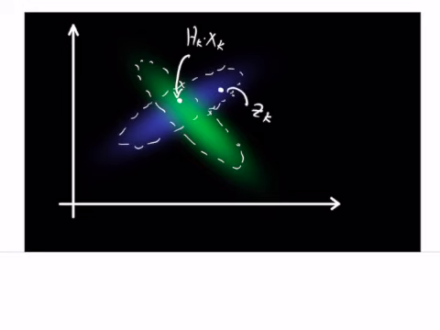So the green blob is the prior, the blue blob is the measurement, and we want to combine them, to multiply them together, to get the posterior, which is this part over here. I want both the prediction as represented in the sensor space to be true and also the measurement Zk.